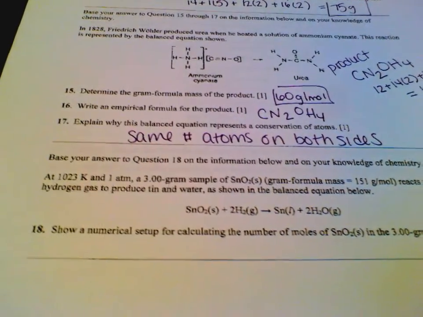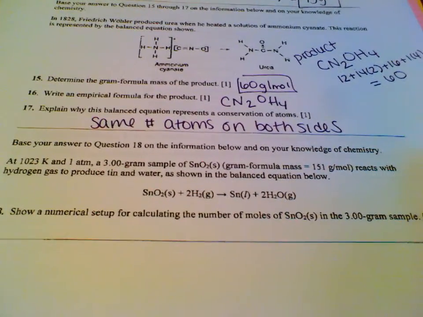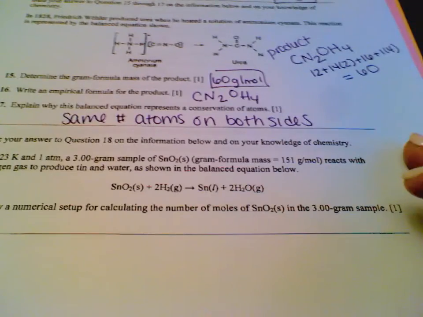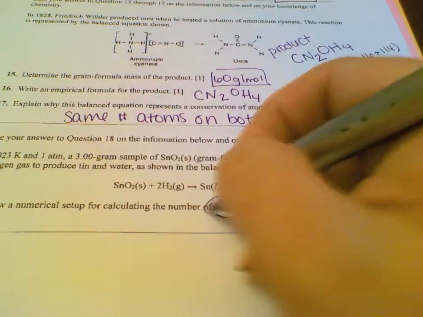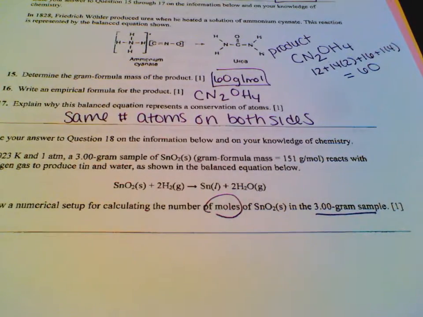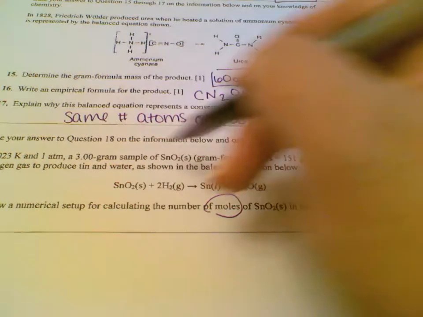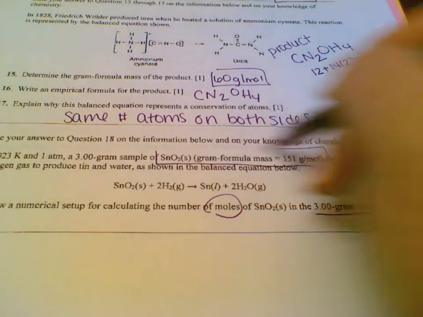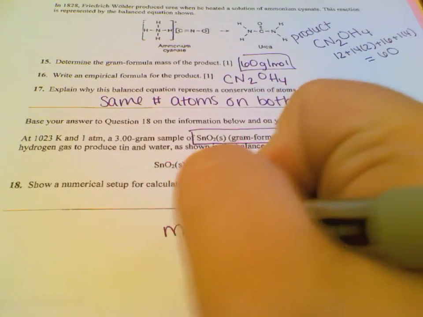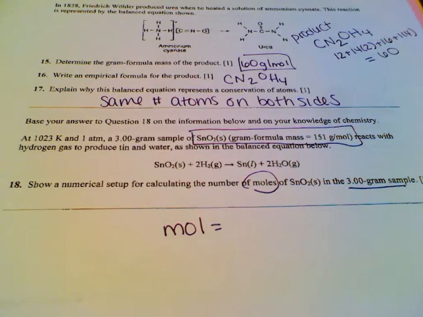18. Show the numerical setup for calculating the number of moles of SNO2 in a 3-gram sample. So I want moles, and they tell me I have 3 grams. Up here, they told me the gram formula mass of this SNO2 was 151, so they're trying to help me out. Moles, remember, I go to my Table T. It's your given mass over your gram formula mass.